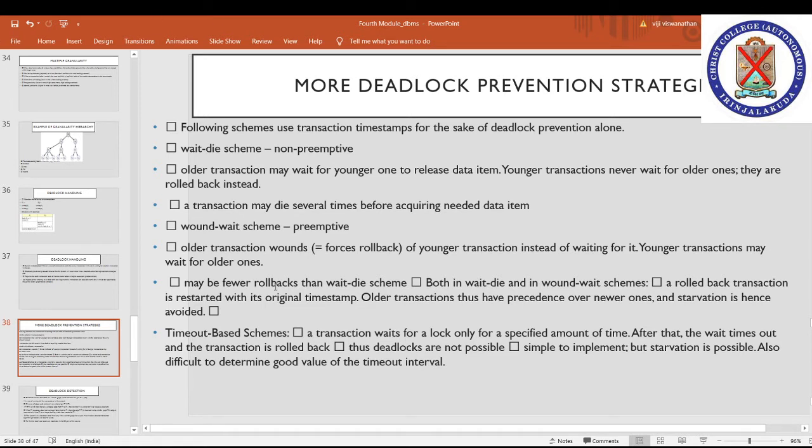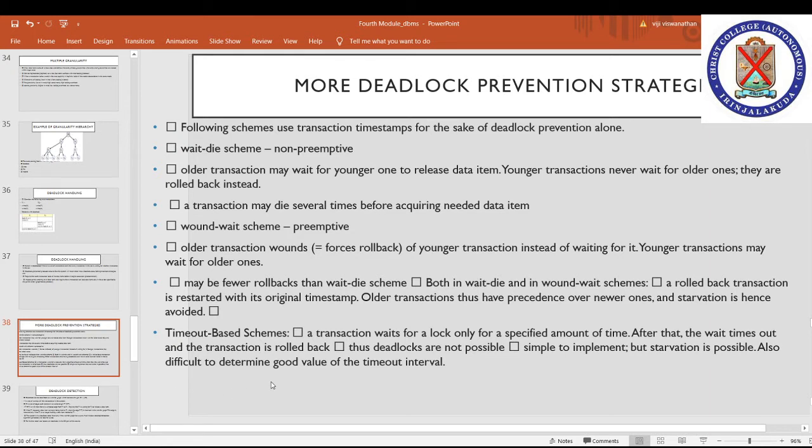In wound-wait, there may be fewer rollbacks than wait-die. A rolled back transaction is restarted with its original timestamp. Older transactions thus have precedence over newer ones, and starvation is hence avoided.